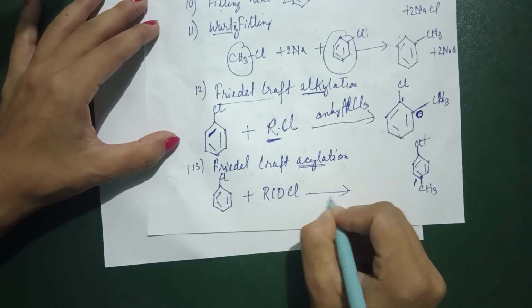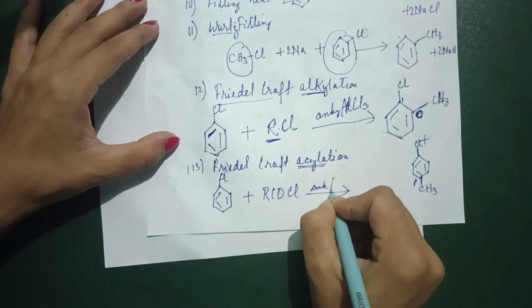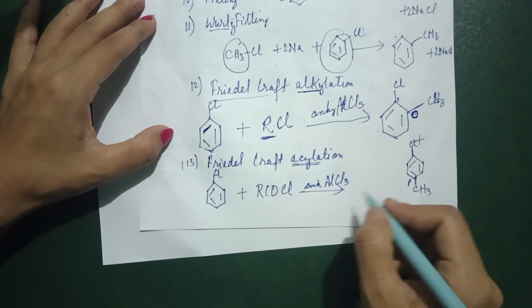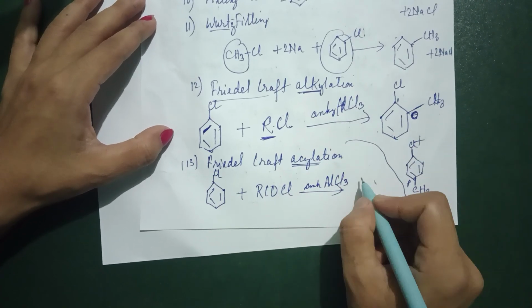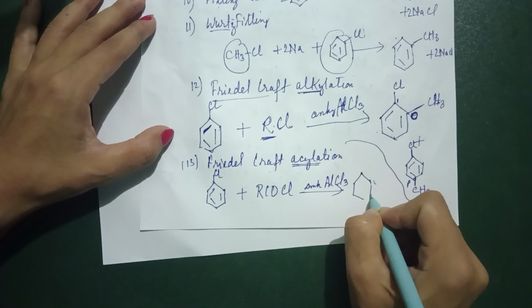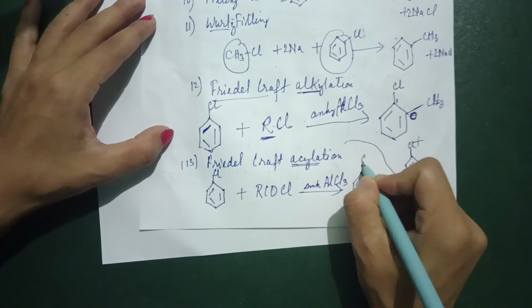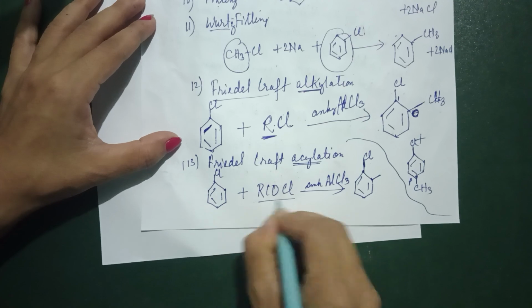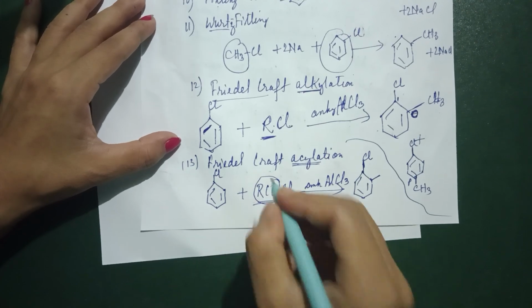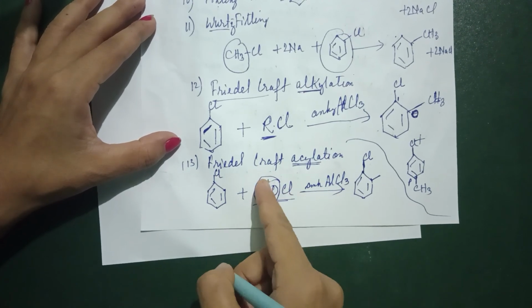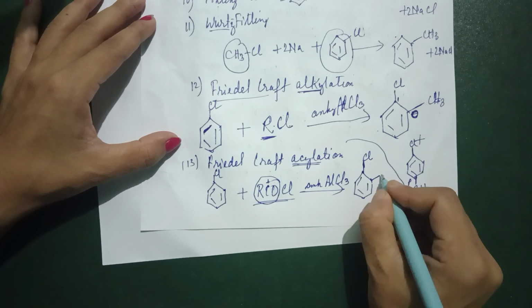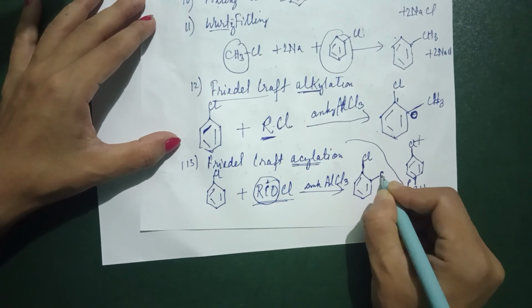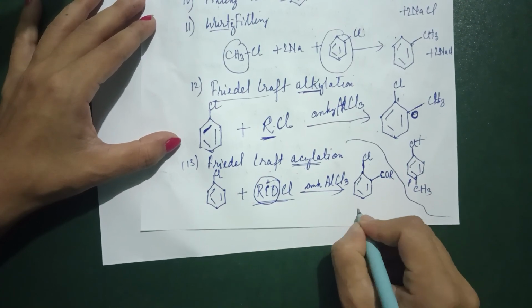Same anhydrous AlCl3. The product will be the same, the Cl will remain undisturbed. This part will go out, and this carbon is positive. Remember this carbon is positive, so you will always connect with the positive carbon, COR plus.